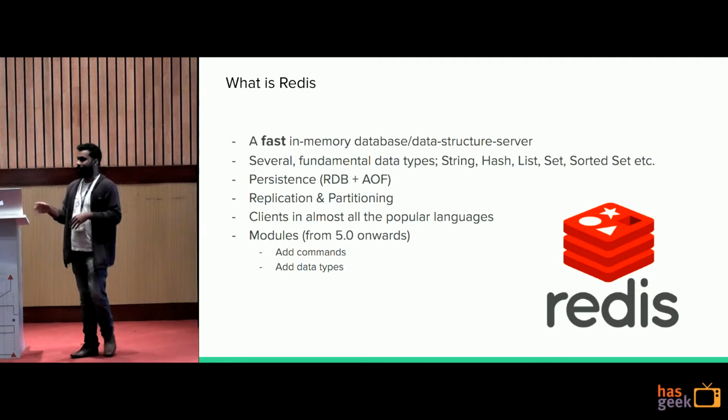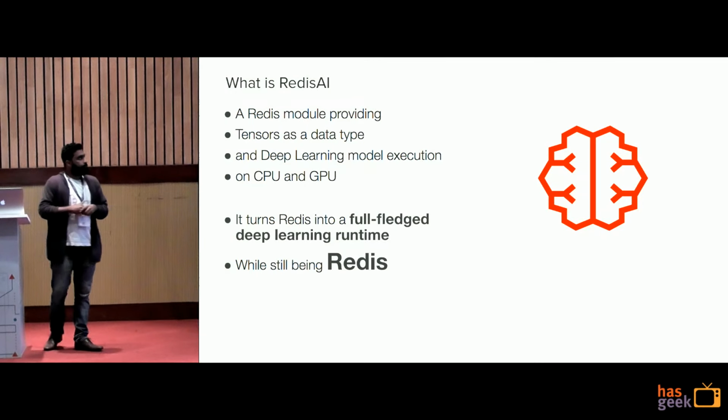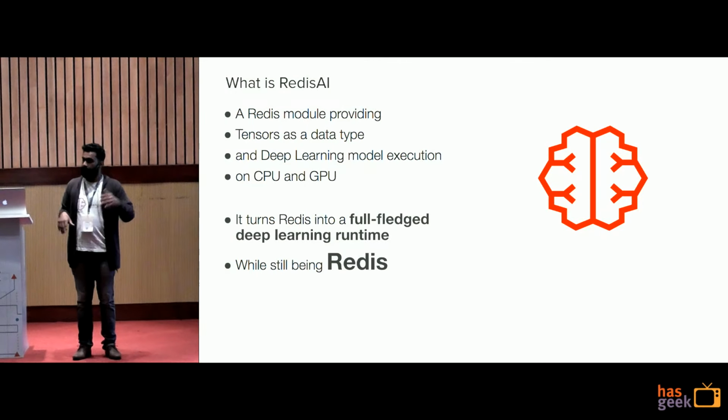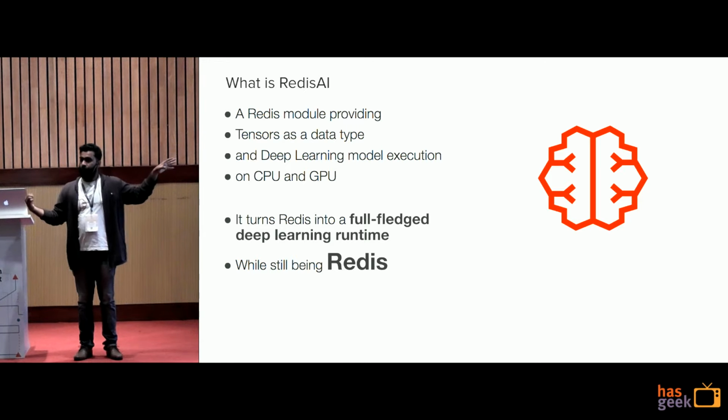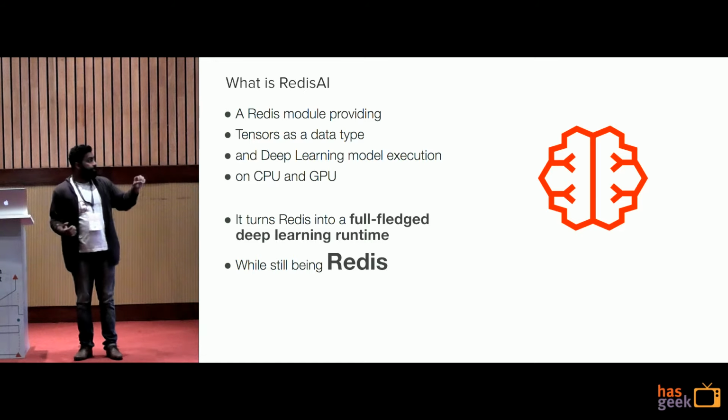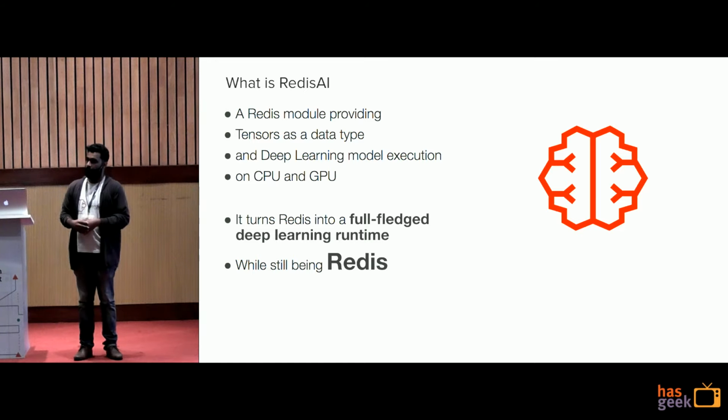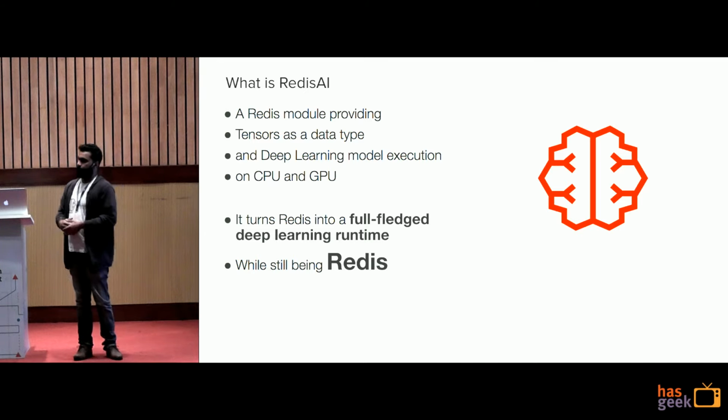And that's exactly what we did with RedisAI. So it's a Redis module, like I said, providing a tensor as a data type. Redis by default does not have a tensor data type. We have made a tensor data type and deep learning model execution runtimes on CPU, GPU. TPU is upcoming, and a couple of hardware devices that some of our users requested.